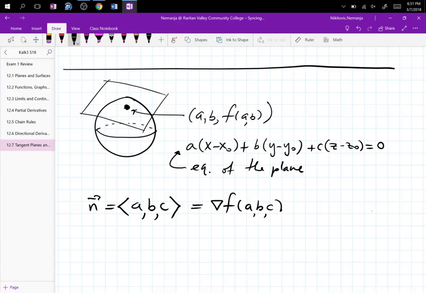Because the point is (a, b), and these are components of a vector, so I'll have to rename these to maybe n1, n2, n3. So those are my n1, n2, n3 from our first lecture when we learned about planes for the first time. And now I'm going to replace those by the del of f, which is just the vector of partial derivatives. So what is our normal vector now?